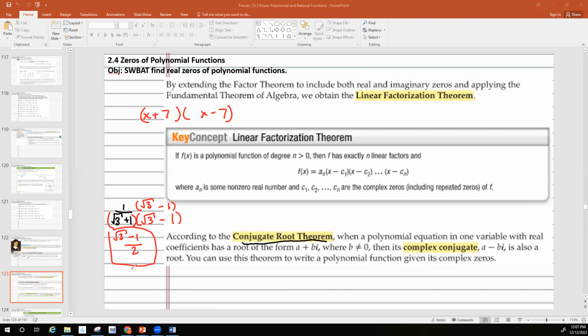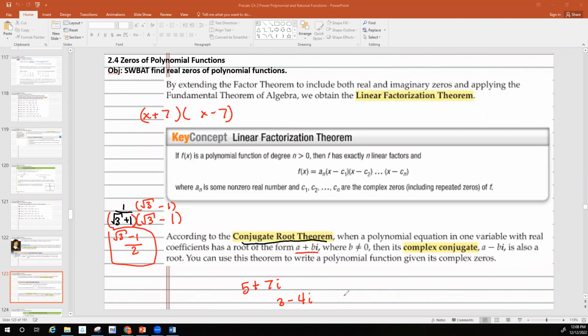All right, so the conjugate root theorem says when a polynomial equation in one variable with real coefficients has a root of the form a plus bi, a complex number, then its complex conjugate, a minus bi, is also a root.